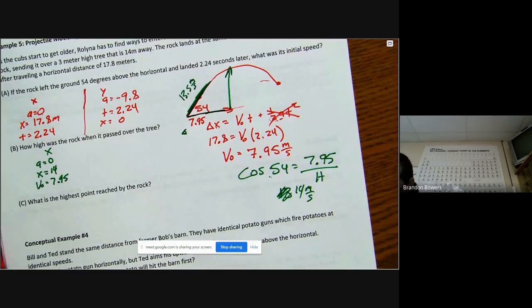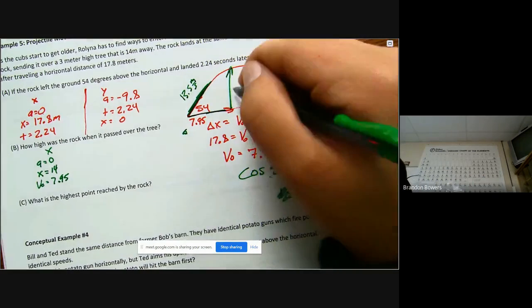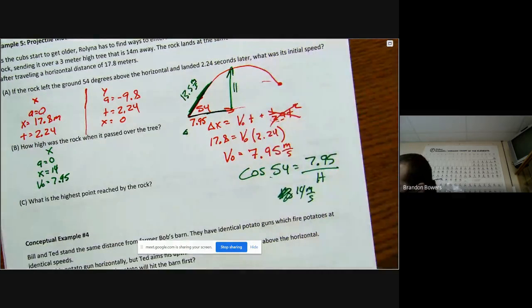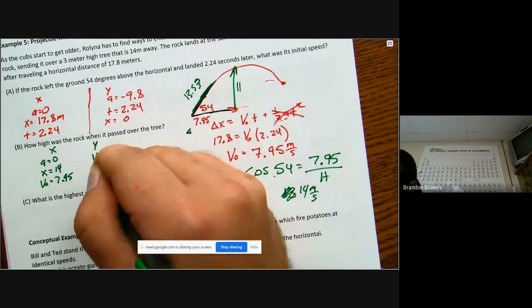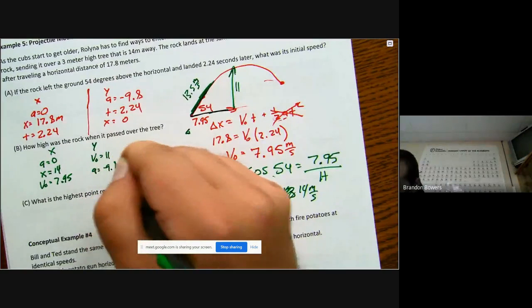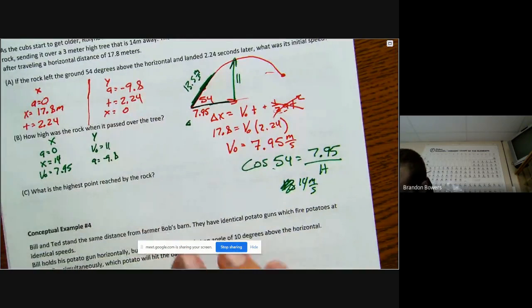Take the square root, I got the height to be 10.94, round to 11. So that's my initial velocity in the y direction. Acceleration is still negative 9.8.